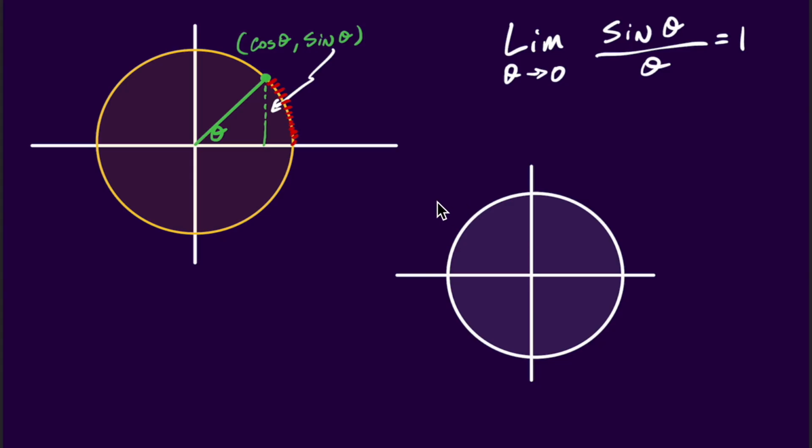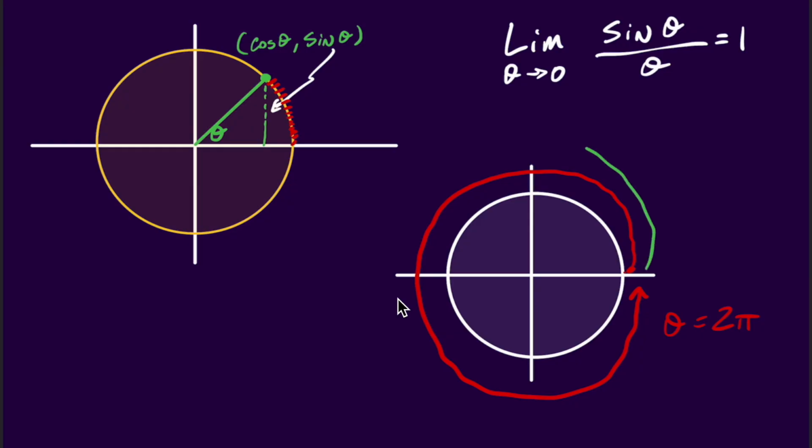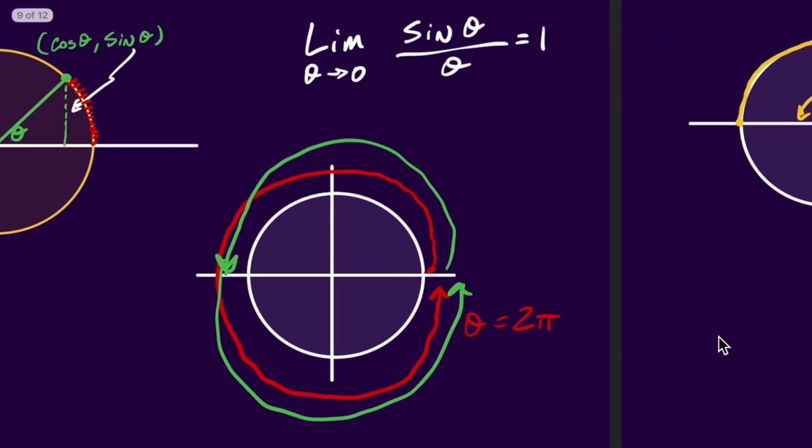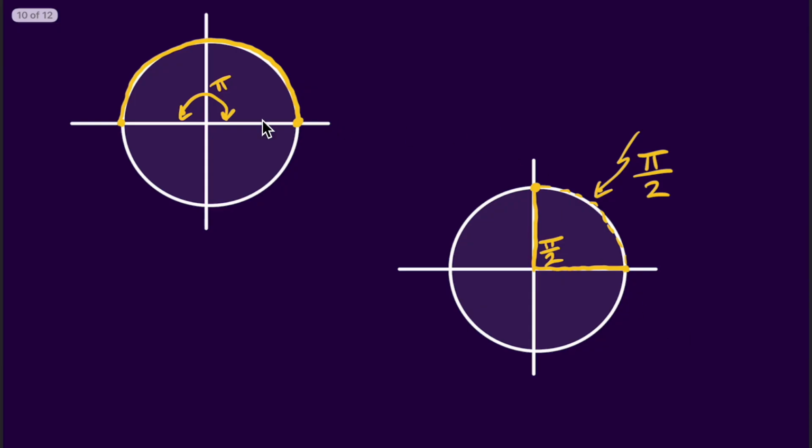So look, if we look at going from 0 to 2 pi, our theta would equal 2 pi radians. Well, folks, what's the distance if you go all the way around? Well, we know this is pi radians, and we know that's 2 pi radians. So we have the circumference, which is 2 pi radians in green, matching the angle, which is 2 pi radians. Here's another example.